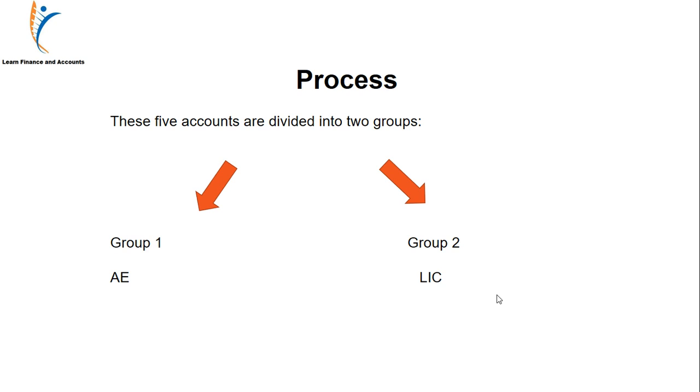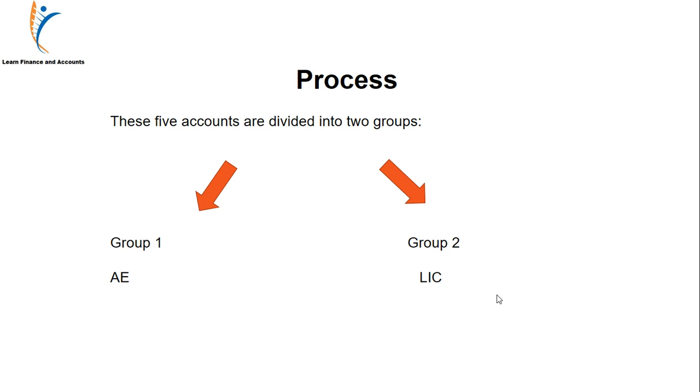First one will be group A and second one will be group B. In group 1, we have two accounts, which are A and E. In the second group we have three accounts, which are L, I, C. So there were five accounts. As you remember, AELIC: AE in one group, LIC in the second group.